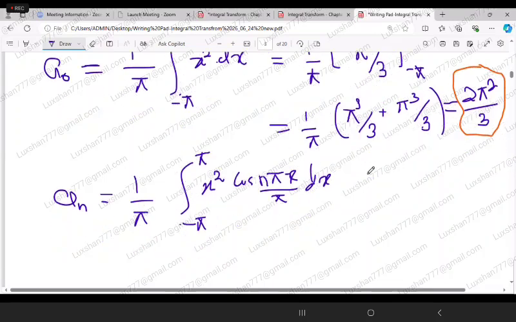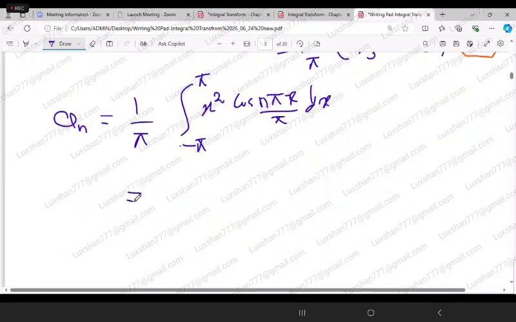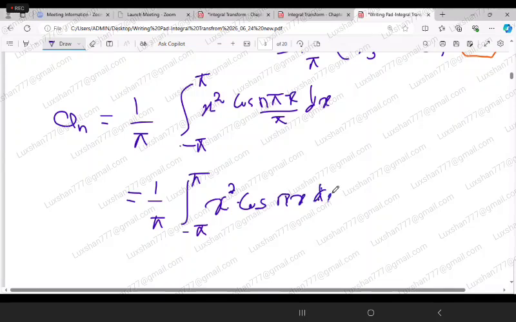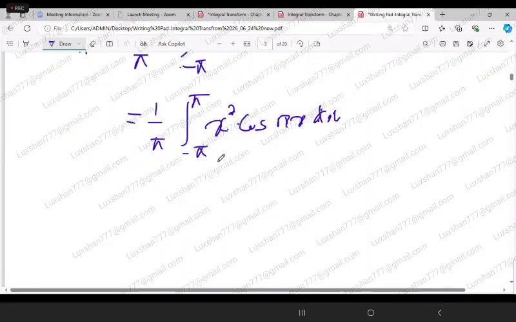So pi gets cancelled, and that is 1 over pi times the integration from minus pi to plus pi of x squared cos(nx) dx. Actually you have to use the integration by parts method. So if you take x squared and the integration of this, what is the integration of cos(nx)?